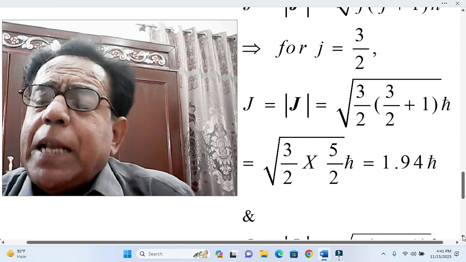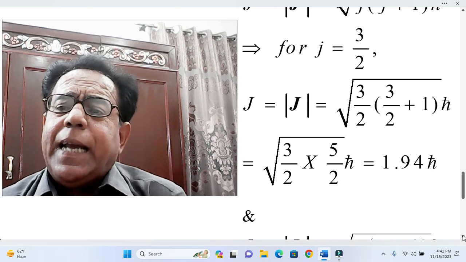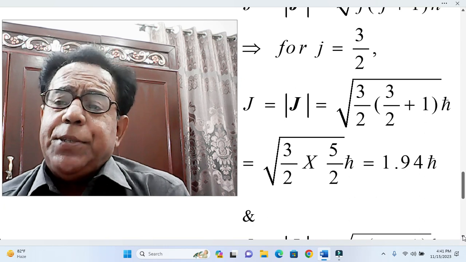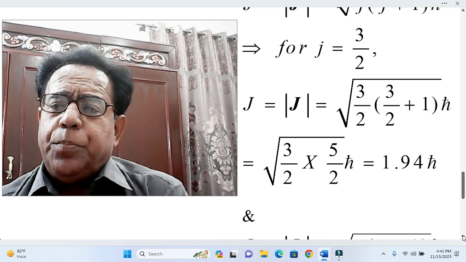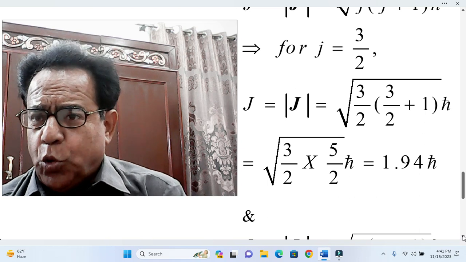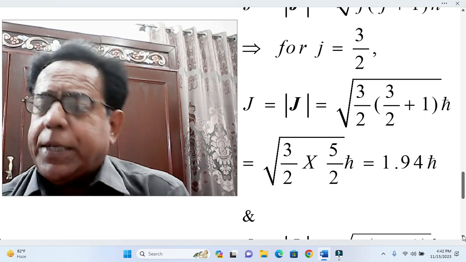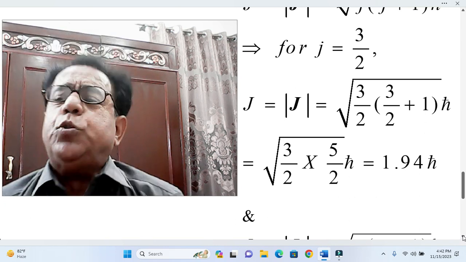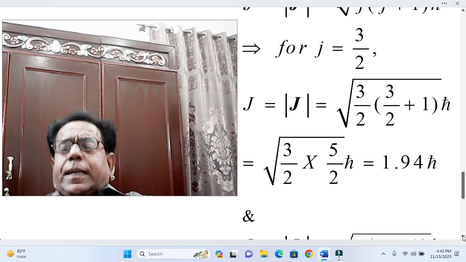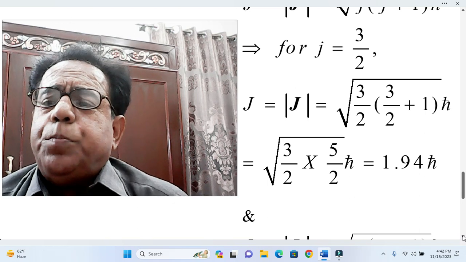When we take small j equal to 3/2, then capital J, the magnitude of the j vector, that is j bold, becomes equal to root of 3/2 into 3/2 plus 1, times h cut, where h cut is Planck's constant divided by 2 pi.